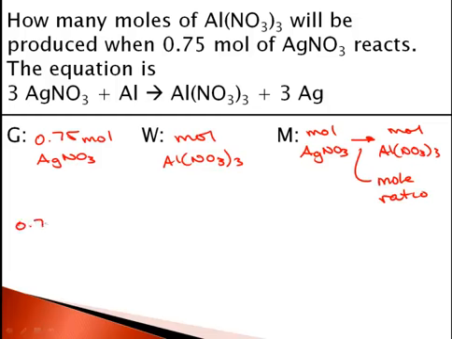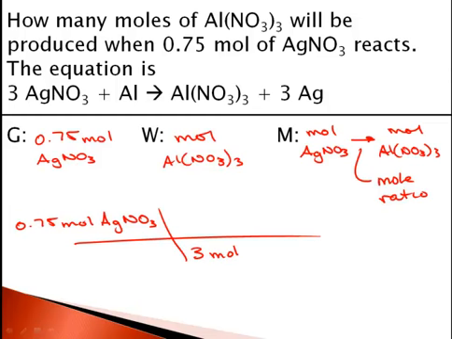So 0.75 moles of silver nitrate. From the balanced equation, I see that I have 3 moles of silver nitrate, and I have 1 mole of aluminum nitrate.